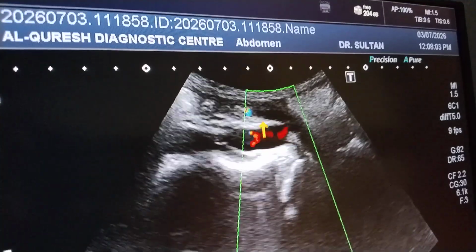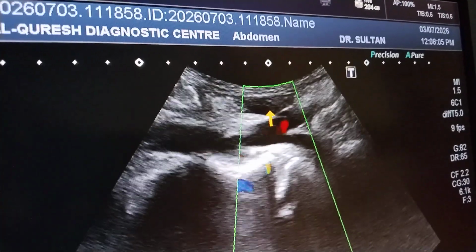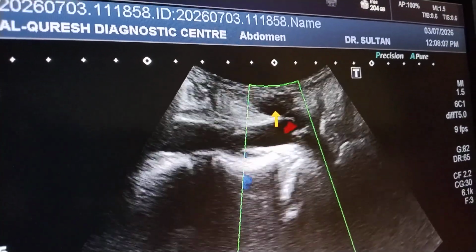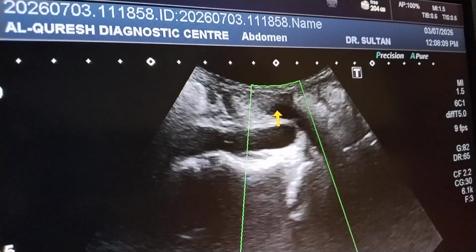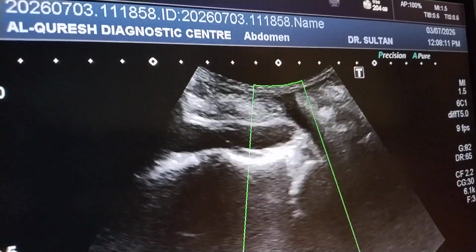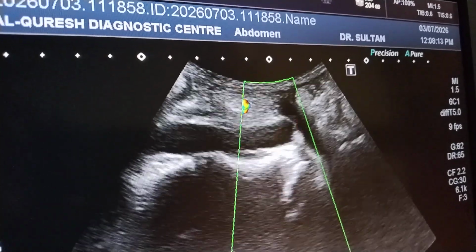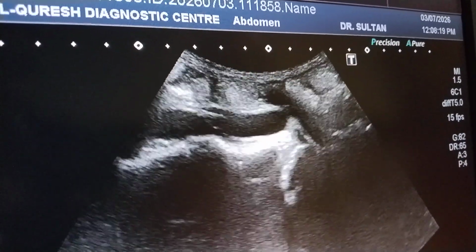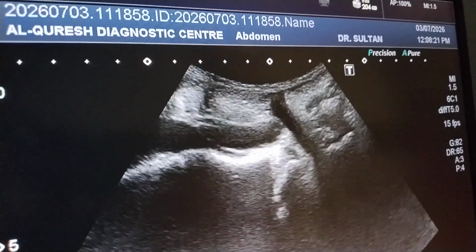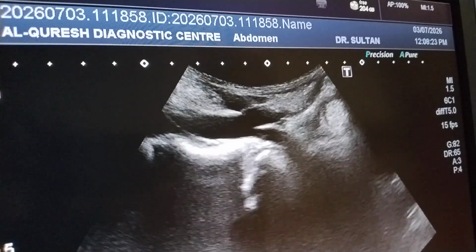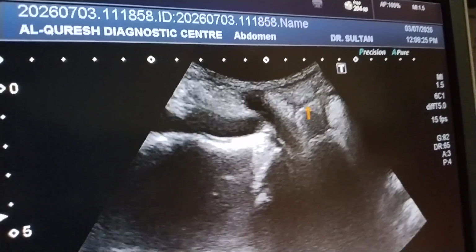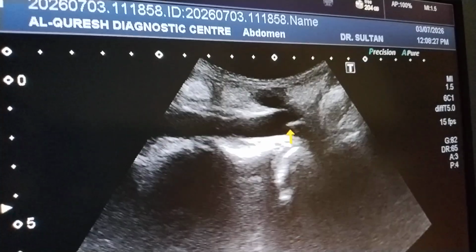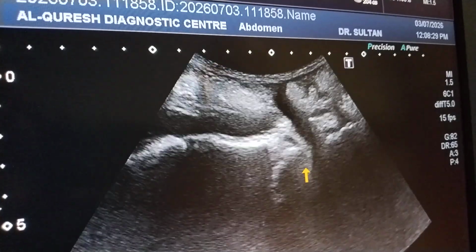So look here, these are the vessels and this is not a vessel, this is the ureter. I am finding it easy because the ureter is dilated. However, we can also trace the ureter which is not too dilated, only prominent. So this is the third portion, the crossing point of the iliac vessel.